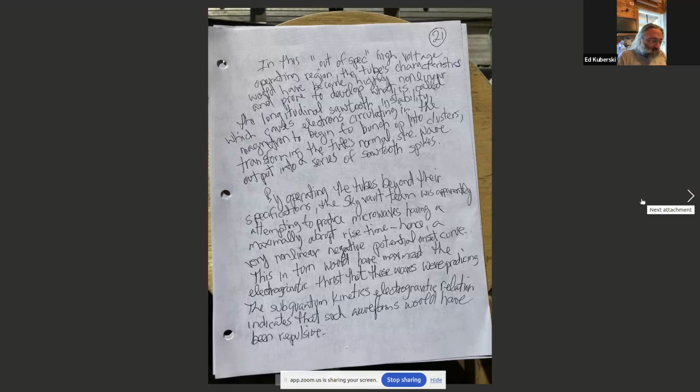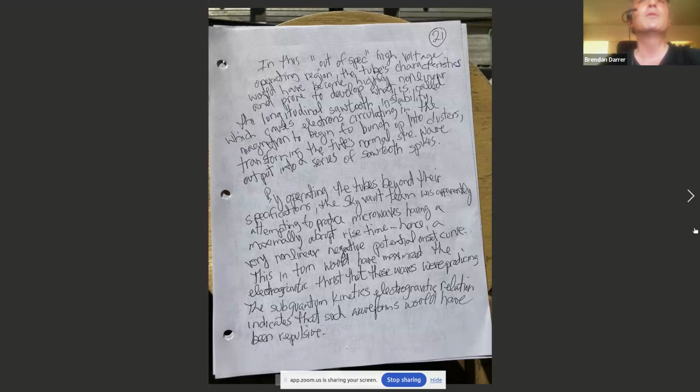This is page 21 of Eddie's notes on subquantum kinetics and anti-gravity.